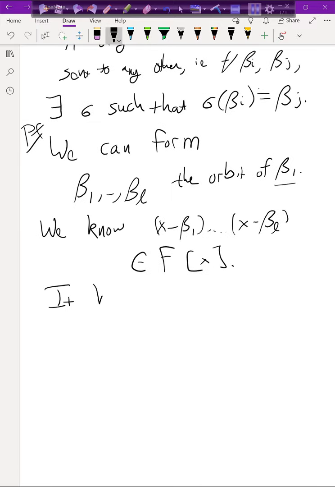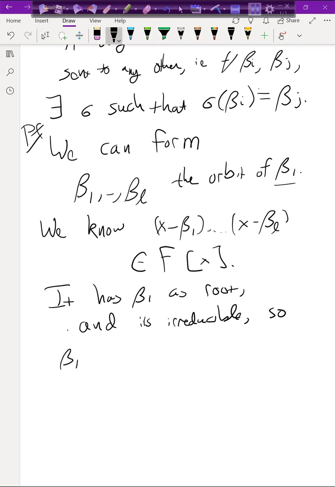It has b1 as a root, and it's also irreducible, so it must be g(x), which is the minimal polynomial for beta 1.